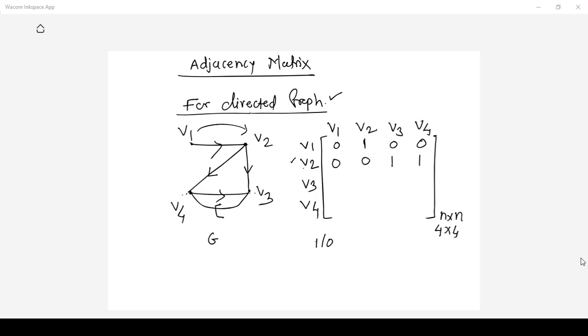Then v3, there is an edge from v3 to v4, meaning v3 is adjacent to only v4 and there is no edge from v3 to v1, v2 or v3, hence 0, 0. Now if you look at the v4 vertex, the direction of the edge is from v4 to v3, meaning v4 is adjacent to only v3 and the rest of the places are 0.